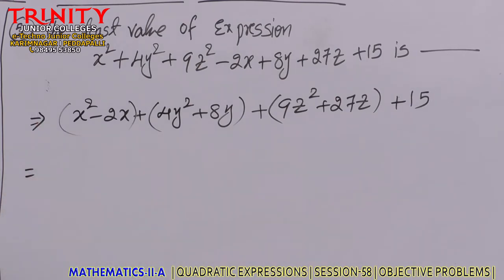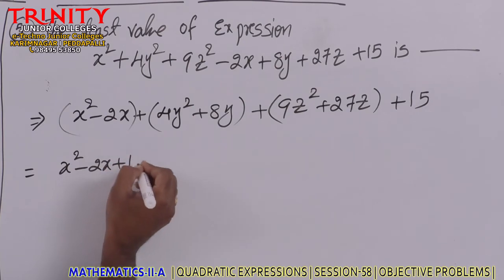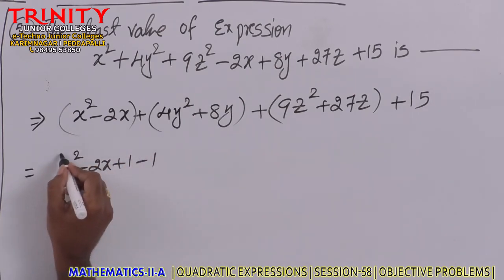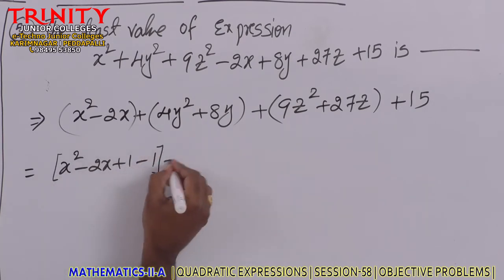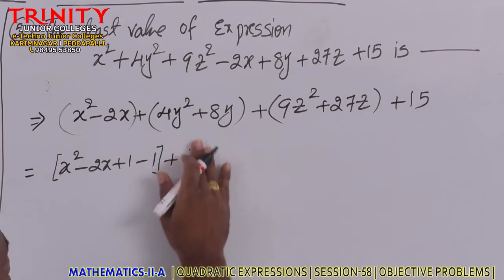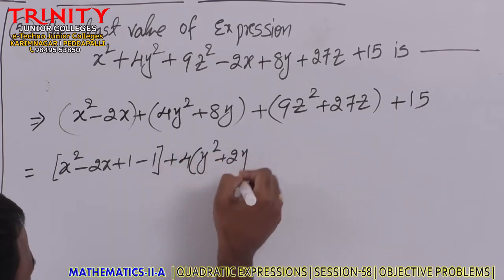To express this as a perfect square: x square minus 2x plus 1 minus 1, add and subtract 1. Take 4 common: y square plus 2y.